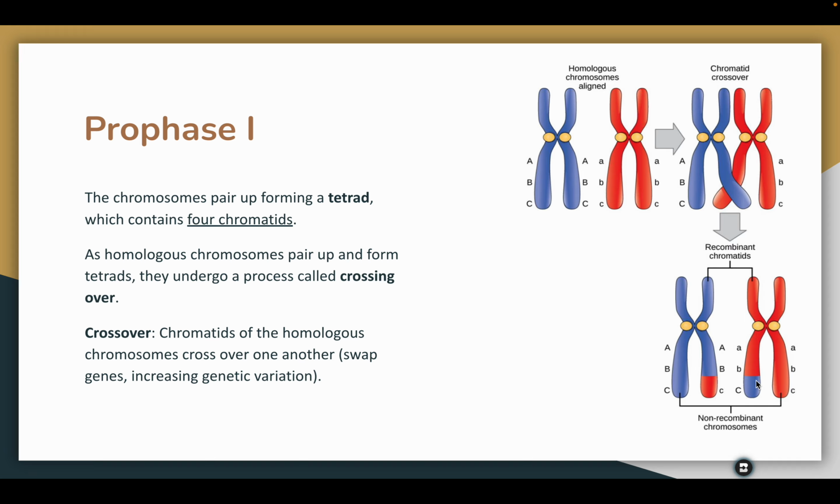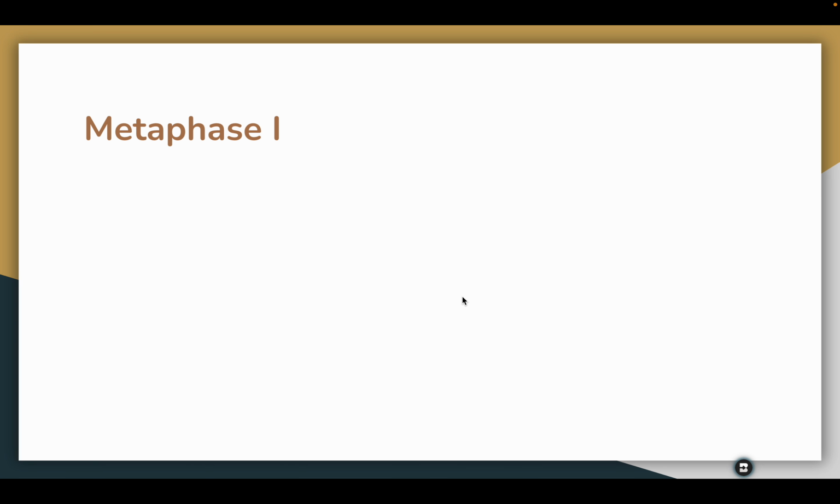And then on the left side here, we swapped. And so now we have a little bit of that blue information on this red chromosome. This is the process known as crossover. And what this is going to lead to is genetic information, and you'll see what that looks like at the very end of meiosis.